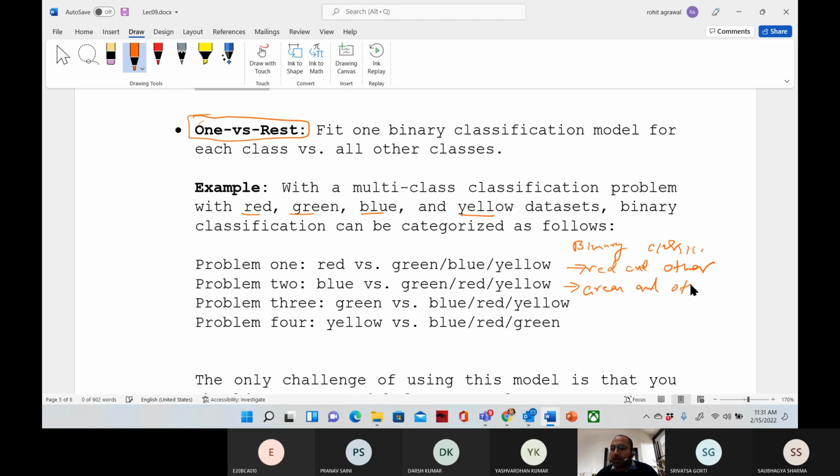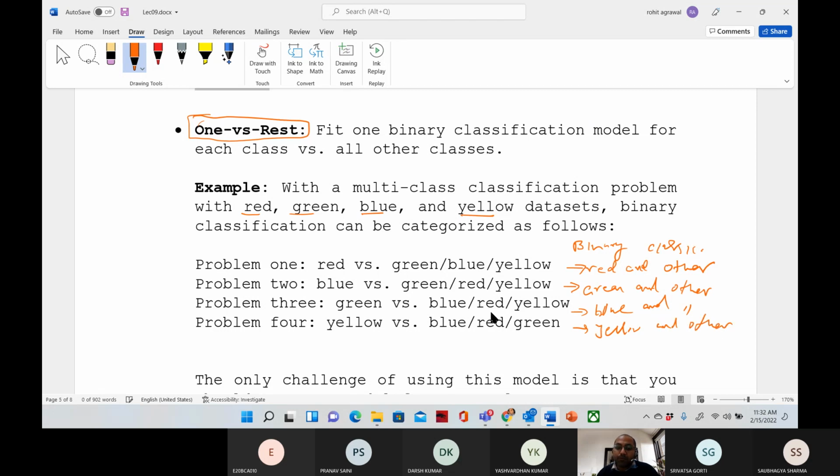So we have only 2 classes here: either it is red or any other color, whether it is green or any other color, whether it is blue or any other color, whether it is yellow or any other color.